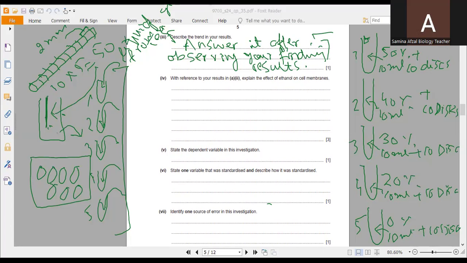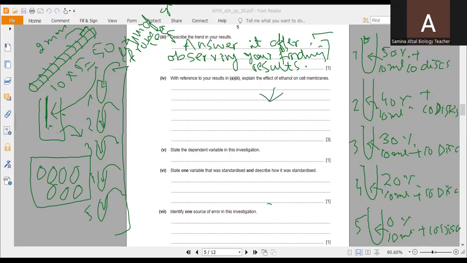You have used different concentrations. So, after observing the results of those concentrations, that is, which concentration has shown the highest color intensity or which concentration has shown the lowest color intensity, by using all these colors, you will explain what has affected the cell membrane.